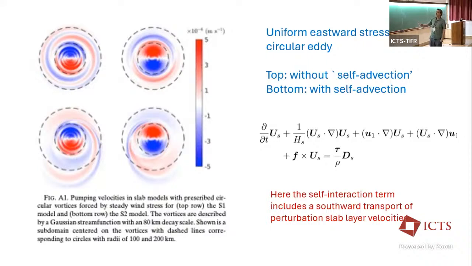And you can see the southward transport is kind of blowing the nonlinear Ekman structures off of the eddy, to some extent. So anyway, a little bit of stuff going on there. So the self-interaction term includes a sort of southward transport of the perturbations in the slab layer velocity, so the nonlinear Ekman stuff.